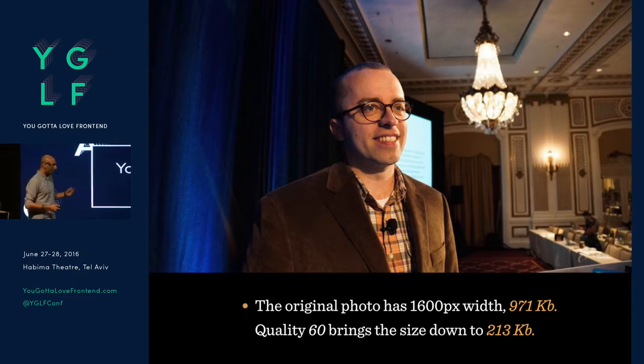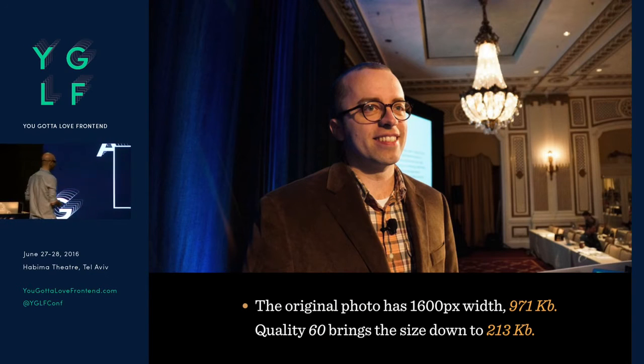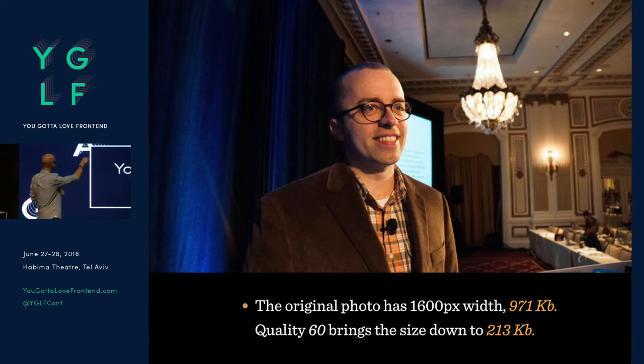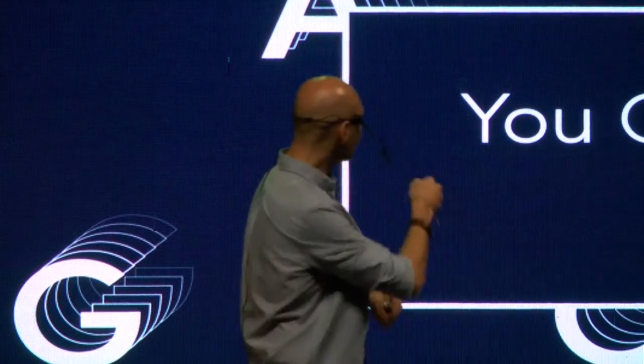Well, yes. One of them is, you can use some tricks. What compresses really well, for example, is blurriness, right? So here we've got the photo, and it has 1,600 pixels in width, which makes an unoptimized 970 kilobytes. Now, that's a lot. We can use quality 60 to bring the size down to 213 kilobytes. That's pretty good.